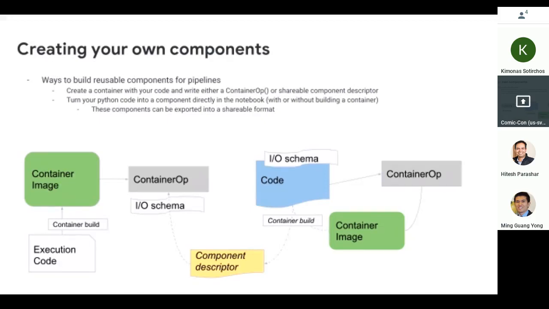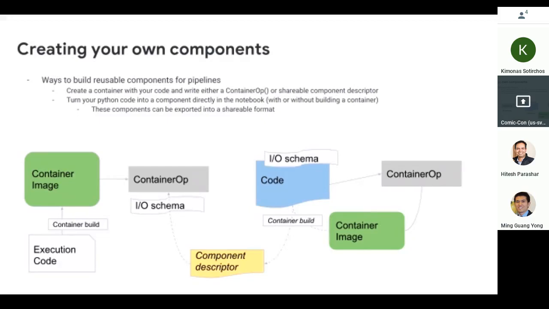So now, creating your own components. A component is the core part of the pipeline, and a component has a container behind it. This container can be created in a typical standard way, as you create containers from code using any libraries, any dependencies, just package it up.